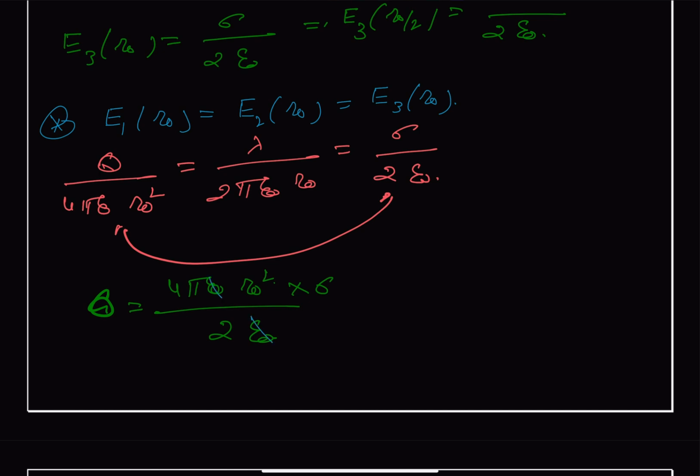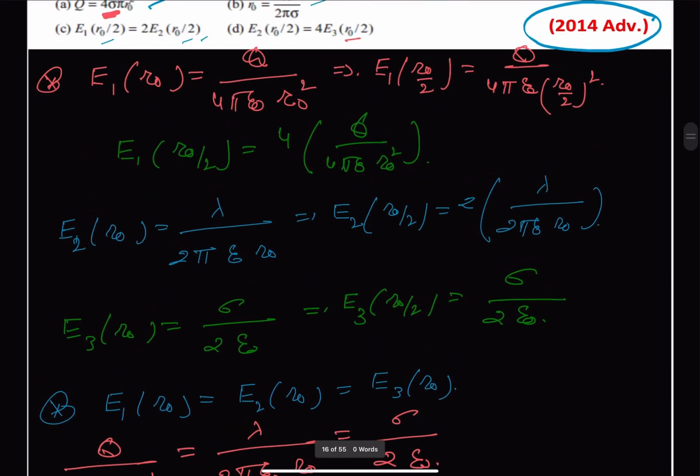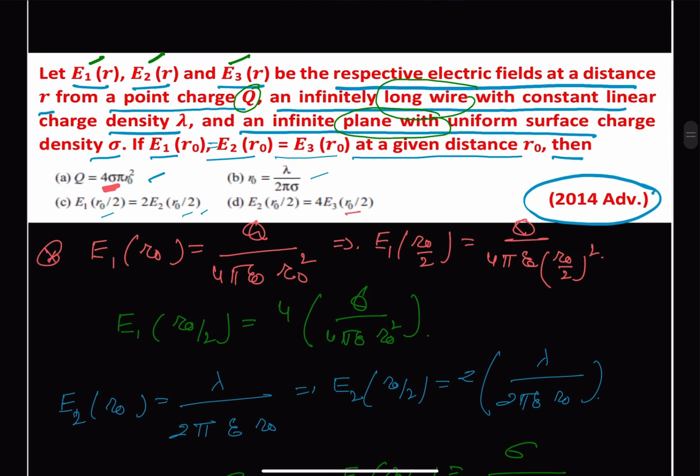Epsilon naught cancels, and 2 goes into 4, so we get charge Q equal to 2 pi sigma R0 square. So this is our charge. The charge is given as 4 in the option, so this option is incorrect.